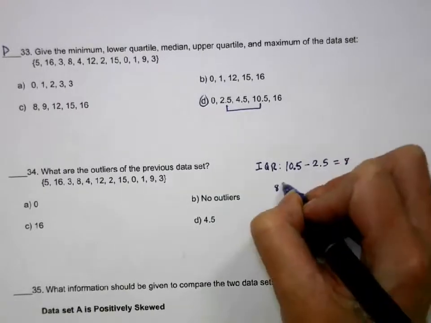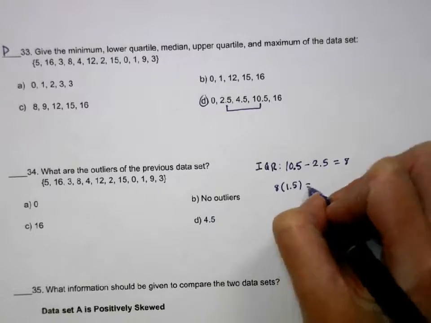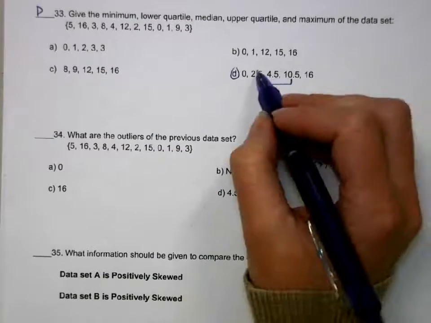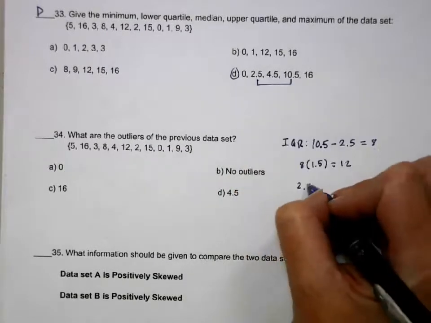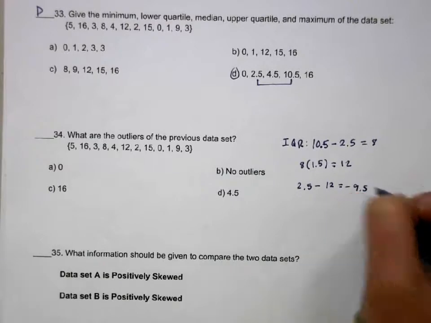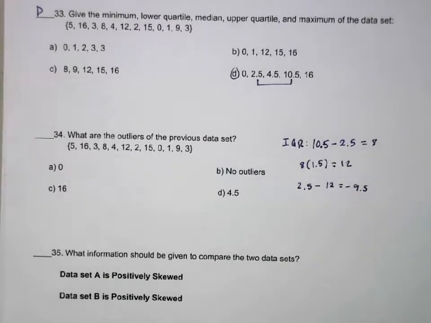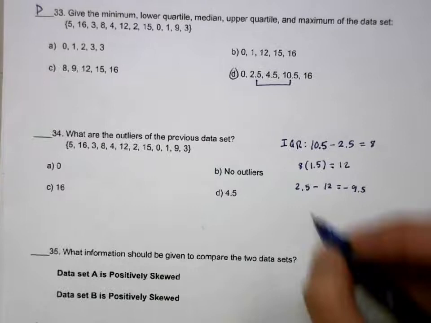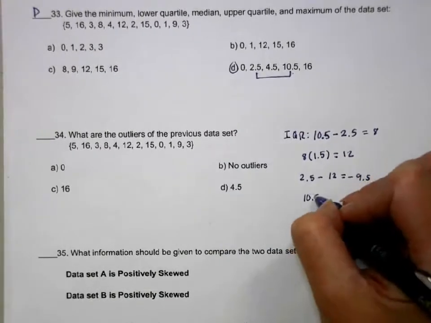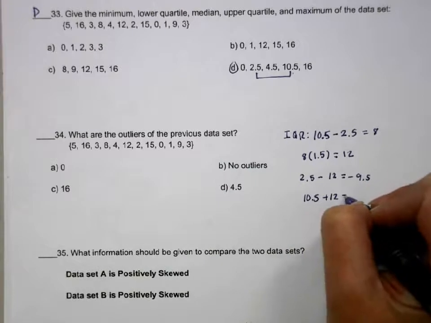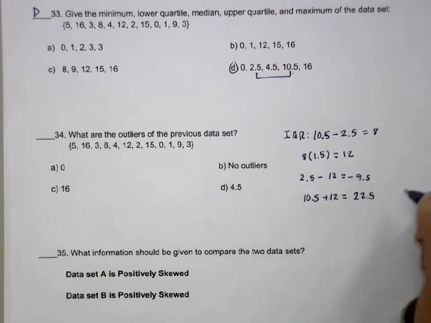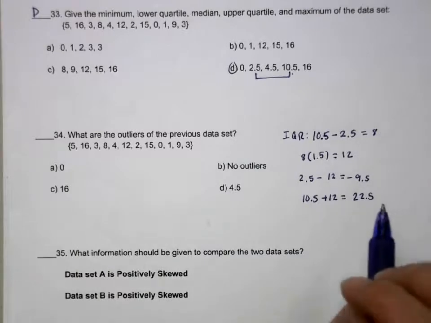Okay, then you're going to take the lower quartile, 2.5, subtract that number, which is negative 9.5. So we're fine there. There is no number less than negative 9.5. Then you're going to take the upper quartile, the 10.5, and add 12 to it, 22.5. Our maximum was 16, so we're safe on that end as well. So this has no outliers.